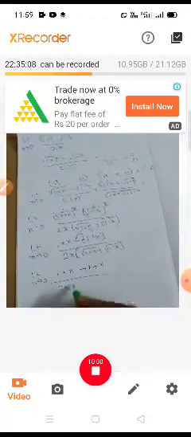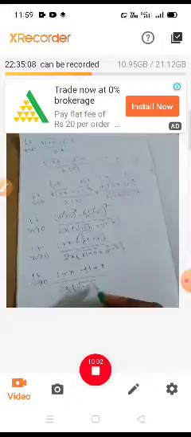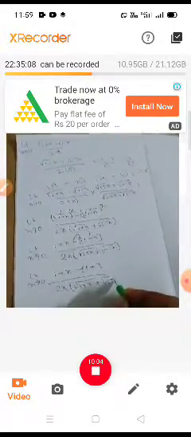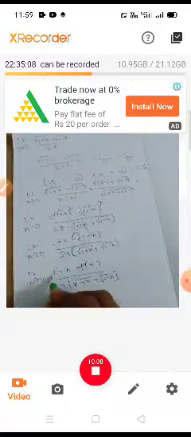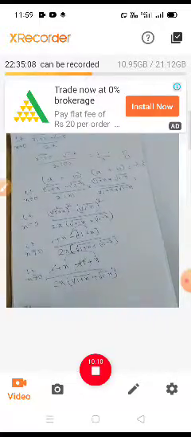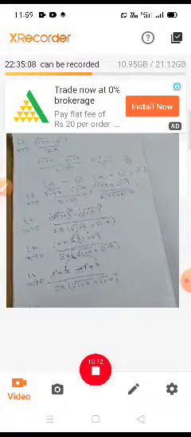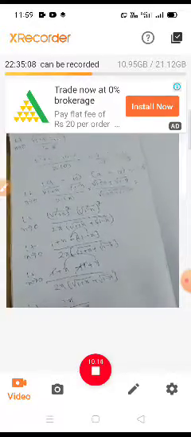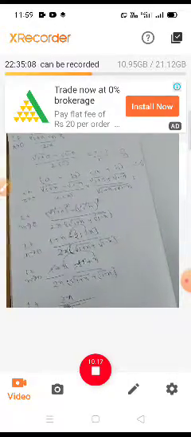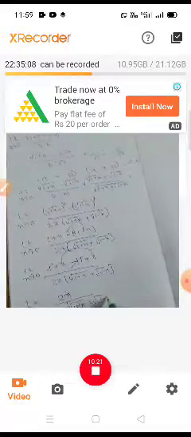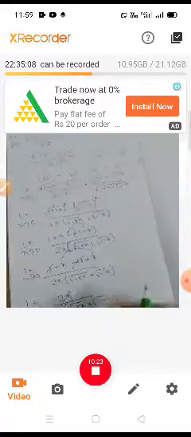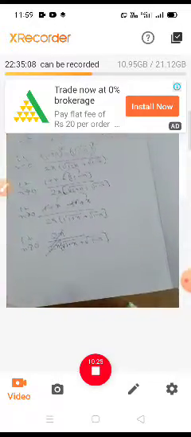Over 2x of under root 1 plus x plus root 1 minus x. Here minus 1 plus 1 gets cancelled, x plus x is 2x, so limit x tends to 0, 2x by 2x of root 1 plus x plus root 1 minus x. Here 2x gets cancelled.